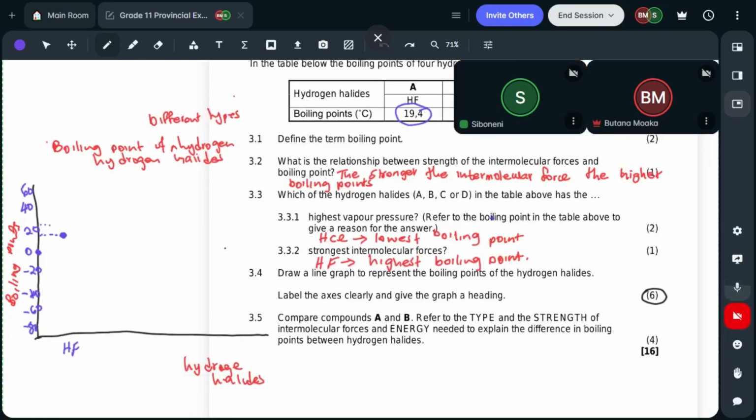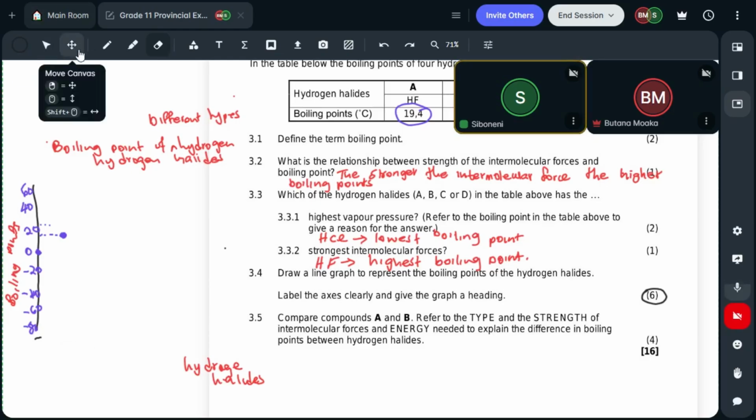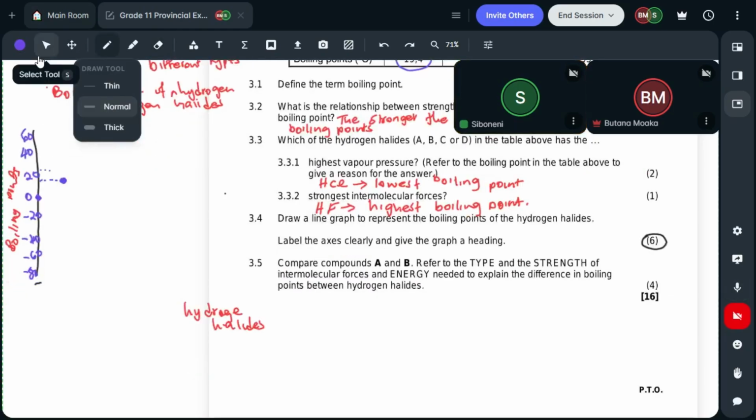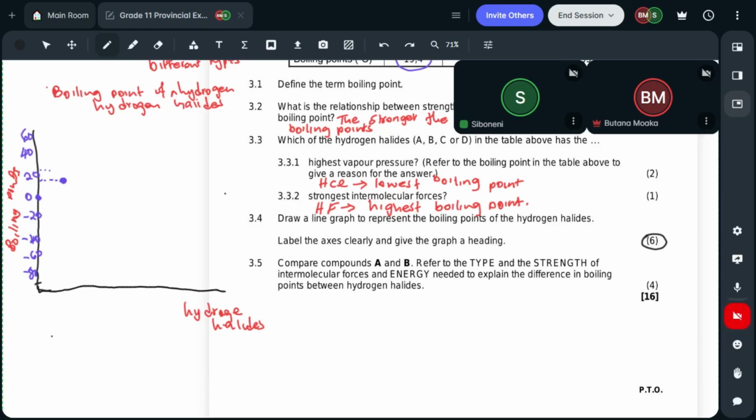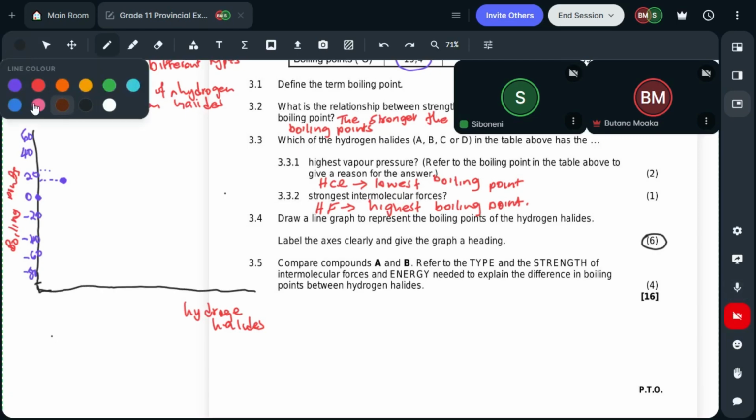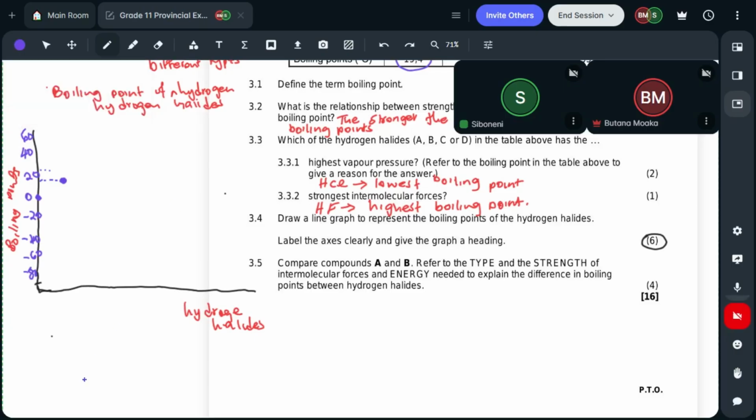When I put it like this, I'll have to fix this part, maybe bring it more down like this, so that I can get that minus 85.